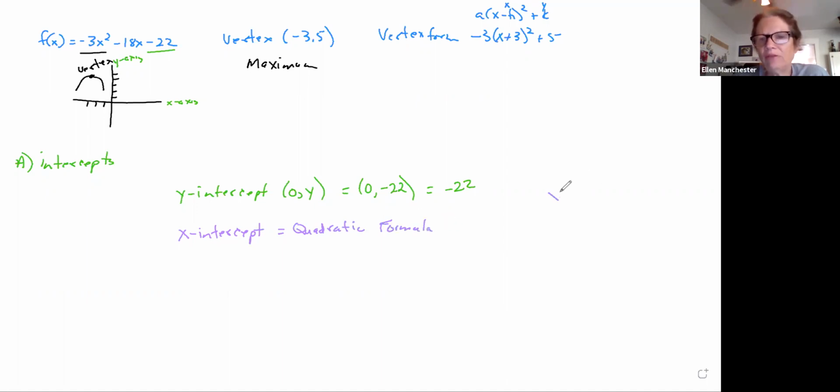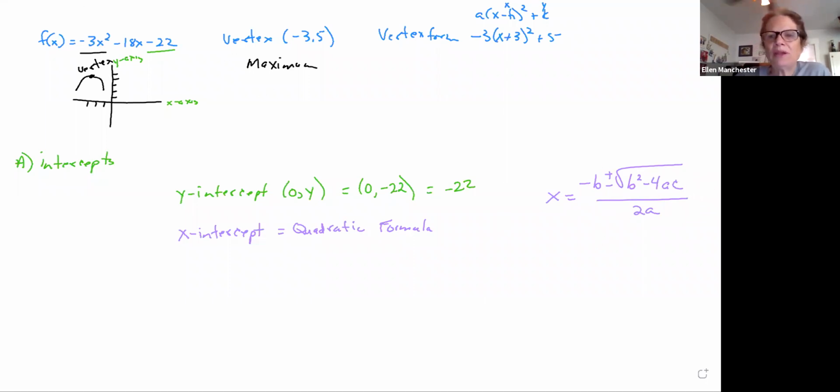Okay, the quadratic formula is x equals -b plus or minus the square root of b squared minus 4ac all over 2a. Now, if you remember, we found our vertex by using negative b over 2a. So it's all part of the same thing, right? It's just one part of it.